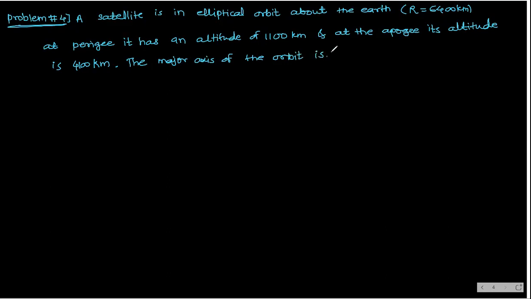Now you see here. 1,500. No Srinidhi, this is not it, look properly, because earth is not a point object now. 2,600, no. Think, think properly.